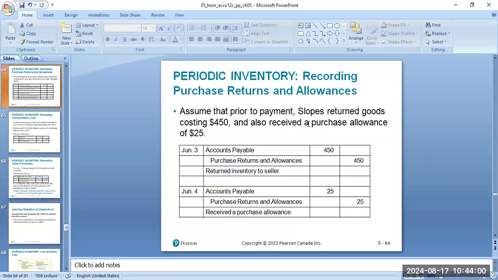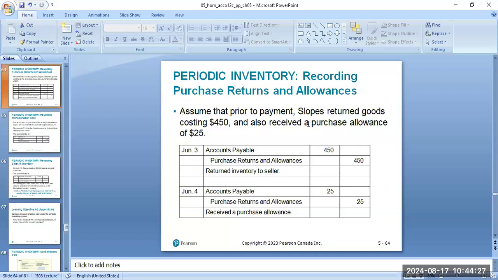Later on, we're returning $450 of goods. Well, that's going to reduce our accounts payable by $450, and it's going to create a new account, purchase return and allowances, $450.